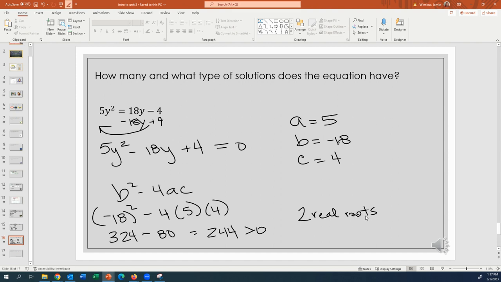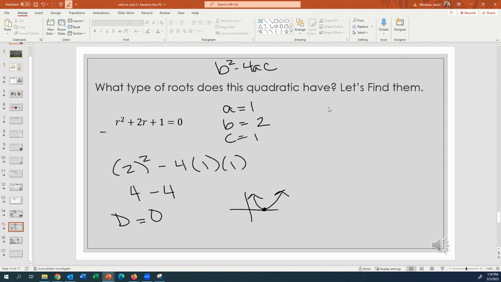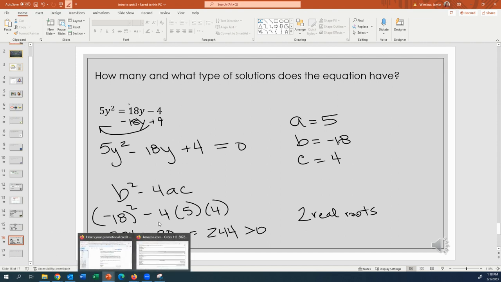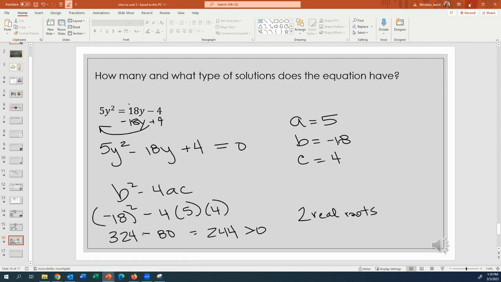Let's look at the graph. Okay, see if I could just select it and paste it. Okay, 5x squared.